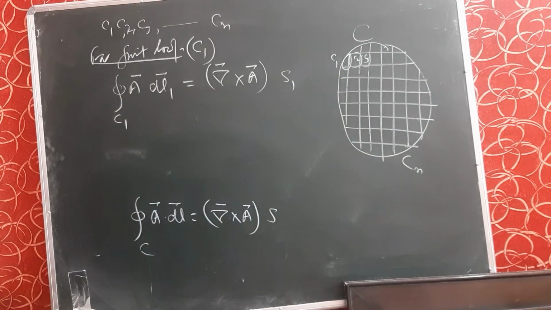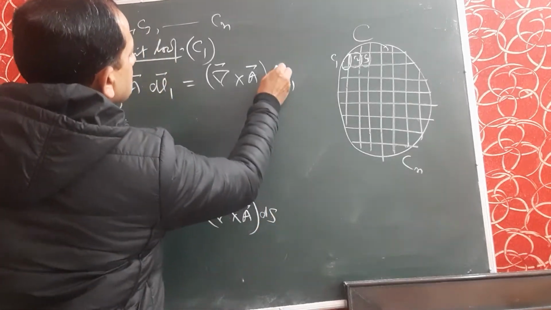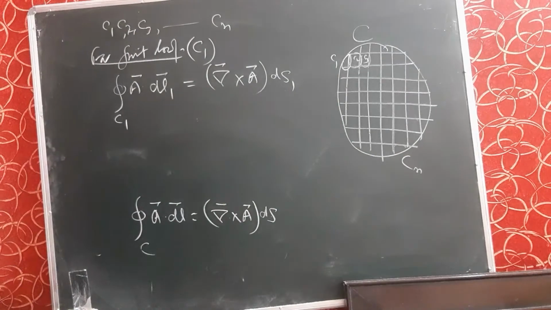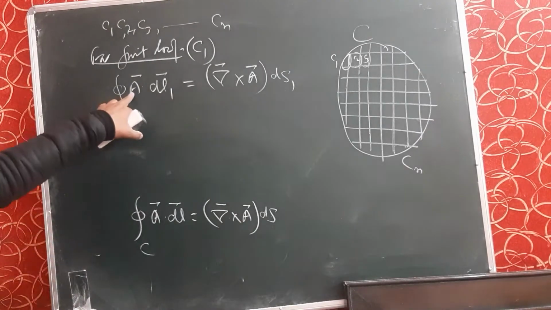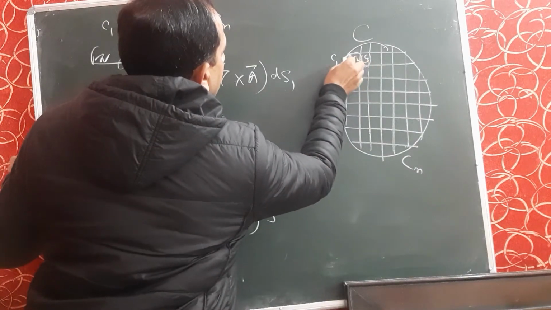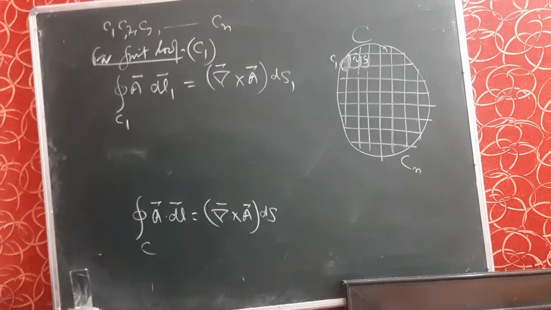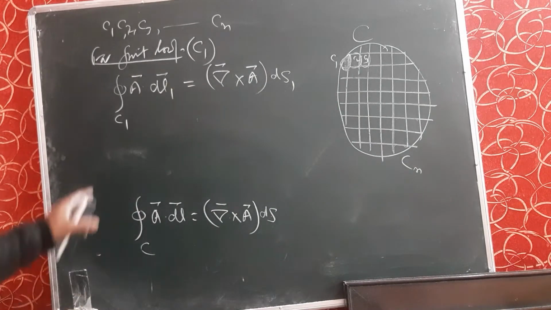Or you may write this S as ds also, ds1. If there is a small loop, then the enclosed area is also small, that is ds1, ds2, ds3 up to dsn. So I am writing ds instead of S.